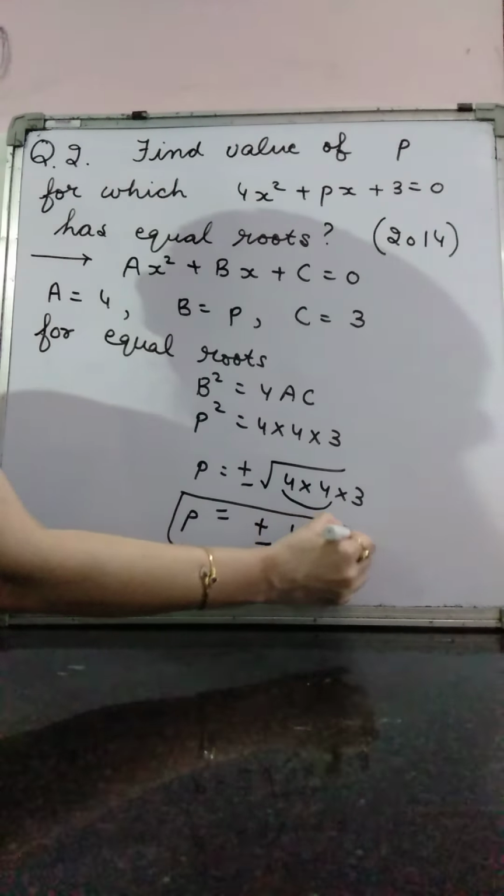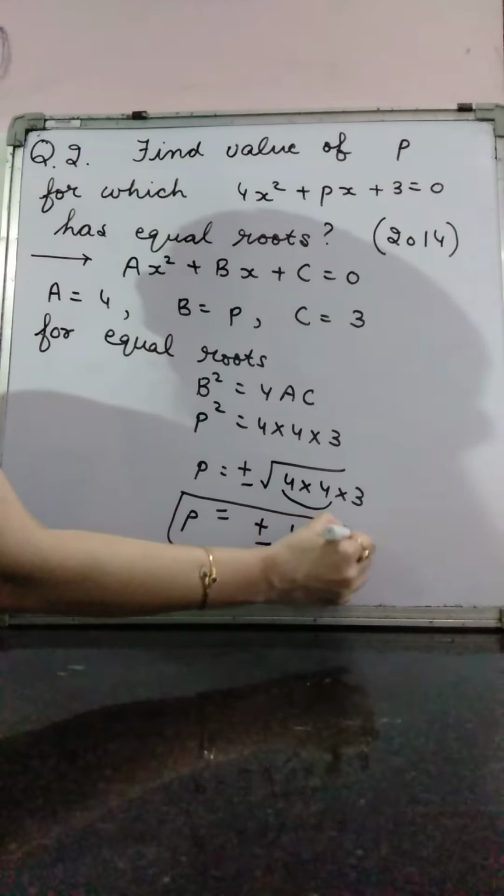For equal roots, b square is equal to 4ac. Now substitute values. Minus 2 square is 4 into 5, p square, 4 into p into 15. Cancel 4, 5, 3.